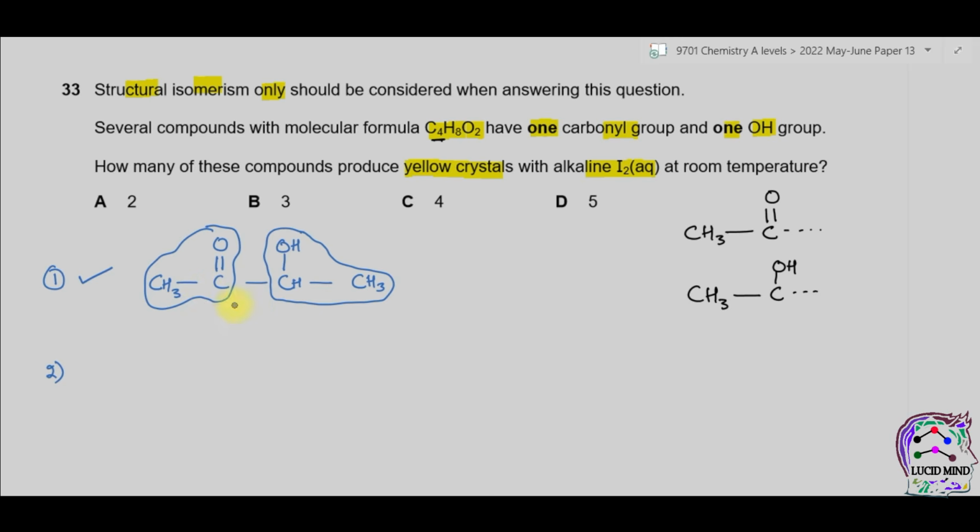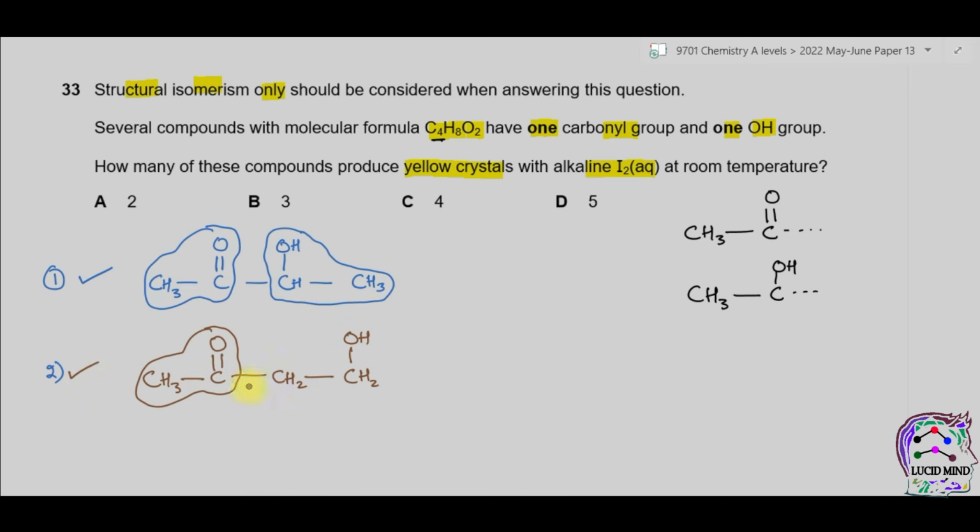Let's see whether we have any other possibility. So if we maintain this part CH3C double bond O, but we shift OH to the last carbon. Now alcohol will not give a yellow precipitate, but this part will still give a precipitate as it is methyl ketone.